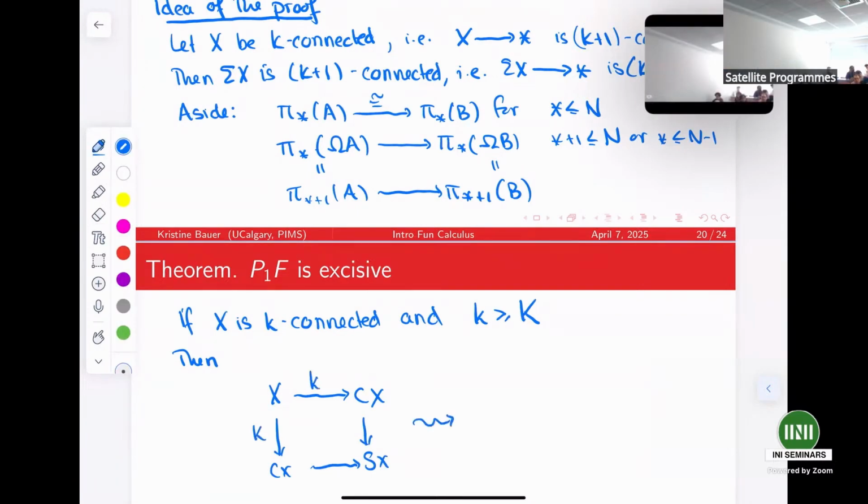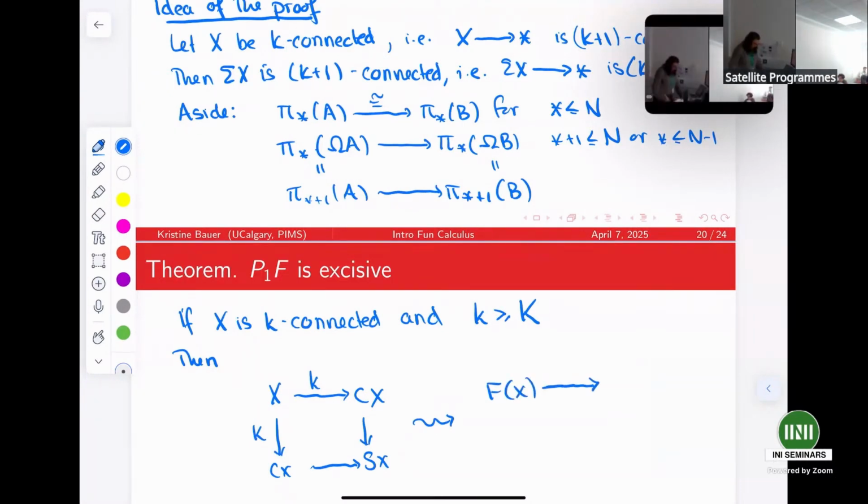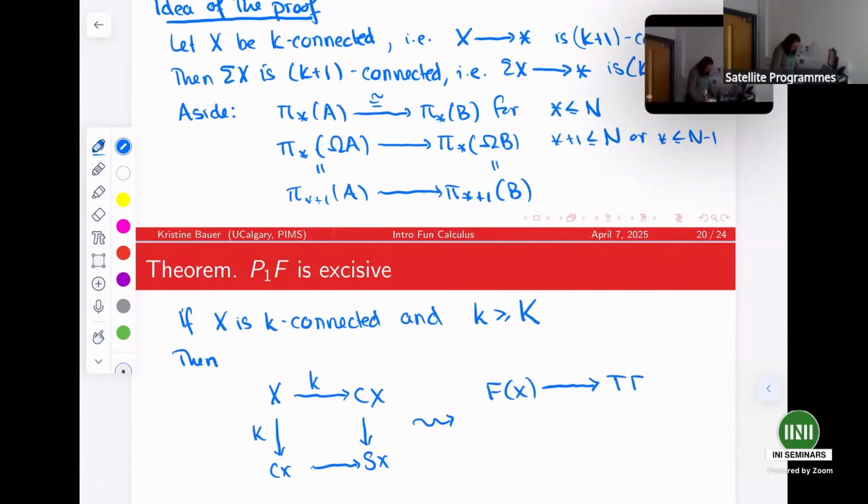And I've assumed that F is stably excisive. So that means that F of X to the homotopy pullback of this diagram, well, that's TF. This is going to be 2K plus C connected.